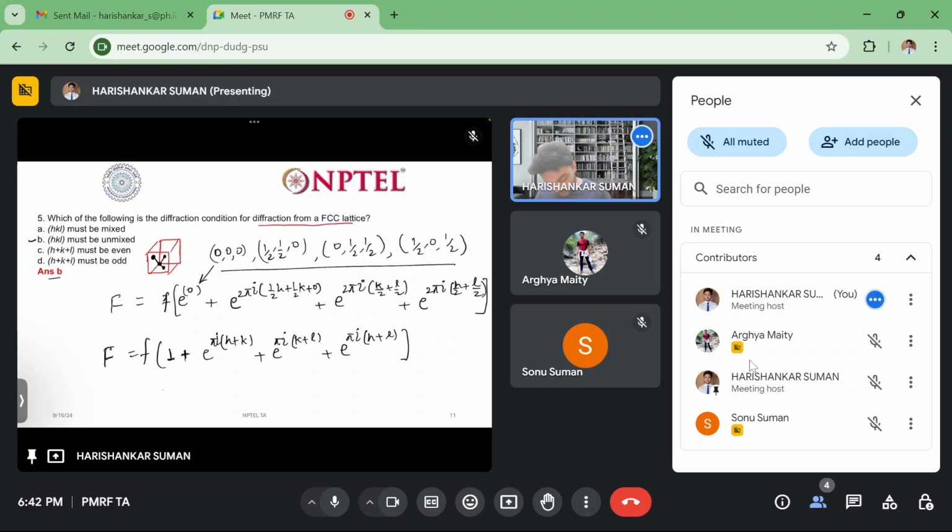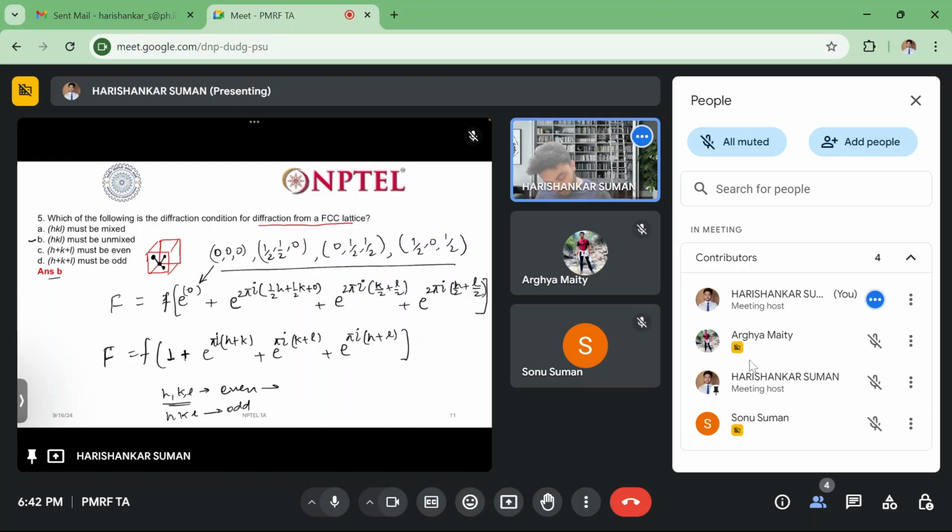Let's say HKL all are even, or HKL all are odd. That is the first case.